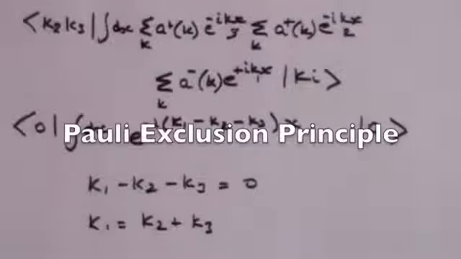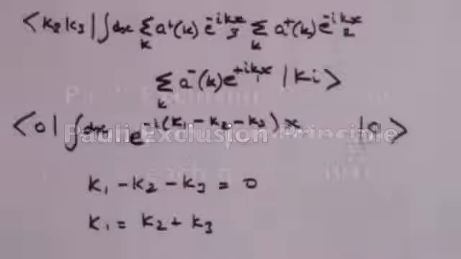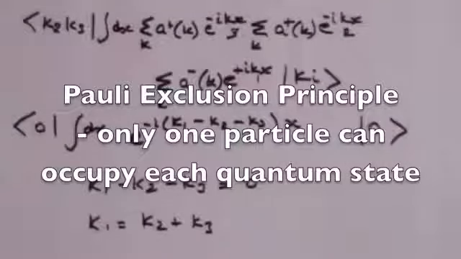Now the essential difference between fermions and bosons is that the Pauli exclusion principle applies to fermions, but it doesn't apply to bosons. And why does that matter? Well, the Pauli exclusion principle says that for fermions, to which it applies, you cannot have more than one particle in any given energy state.